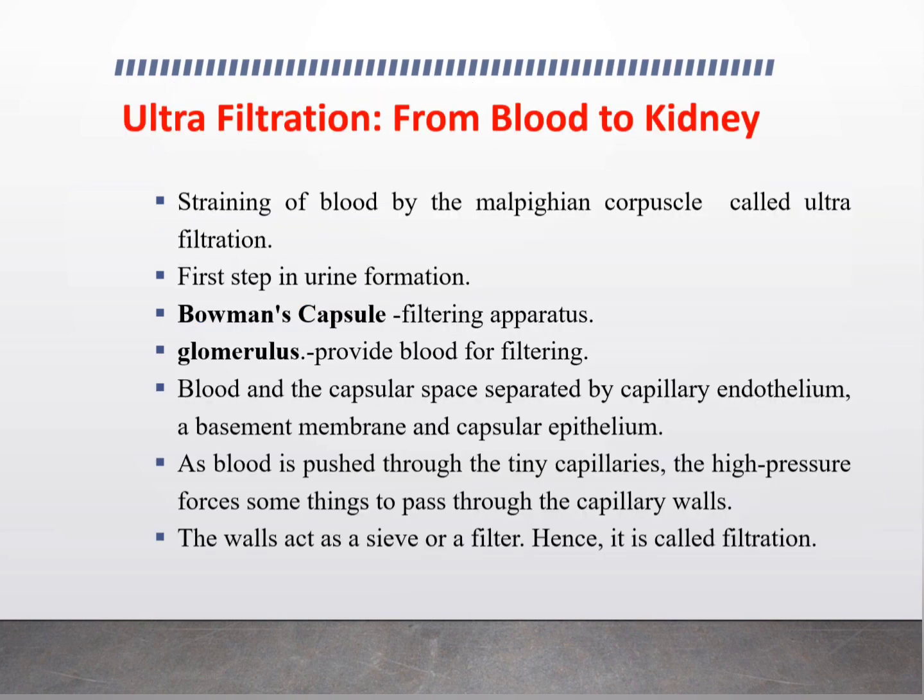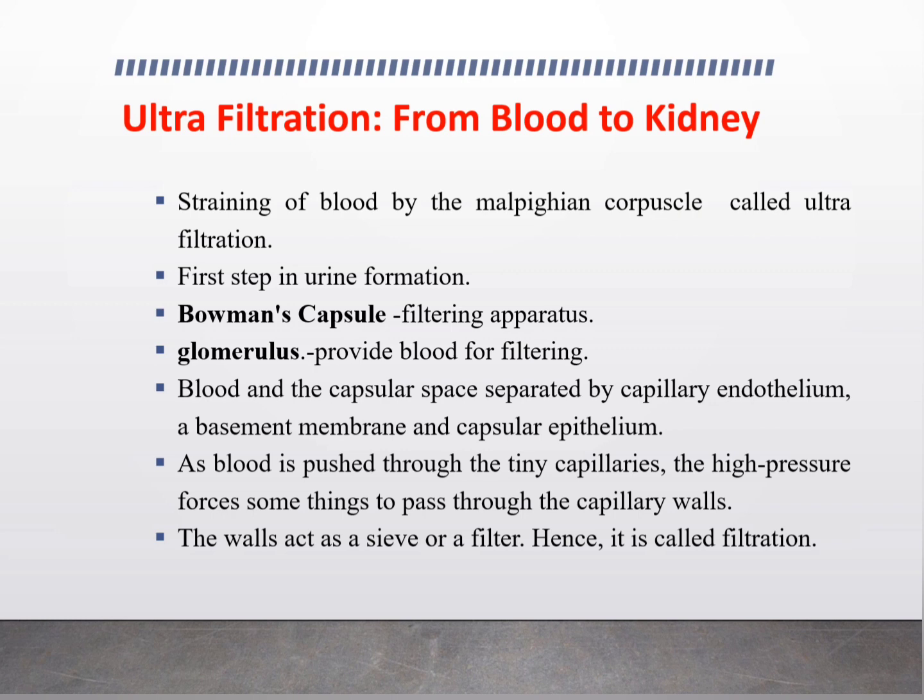First process, ultrafiltration. Filtering of blood by the Malpighian corpuscles is called ultrafiltration. This is the first step in urine formation. Actually, Bowman capsules are the filtering apparatus, and glomeruli provide blood for filtering. Blood and the capsular space are separated by capillary endothelium, a basement membrane and a capsular epithelium.